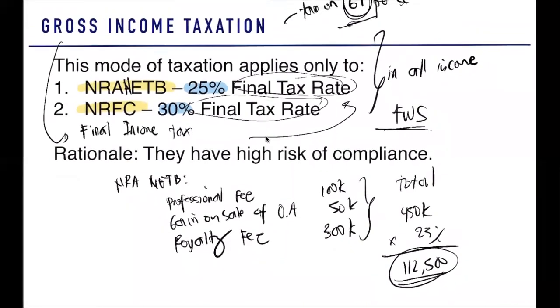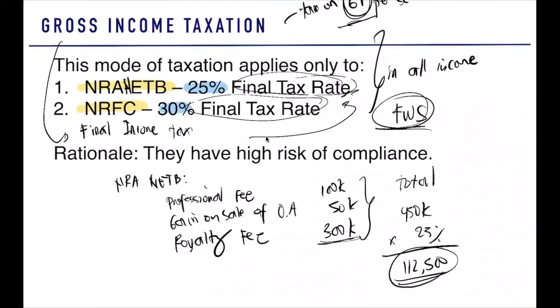Okay? So as you can see, it is taxed at gross income applying final withholding system. Who withholds again? It is the income payer. So you just apply the rates, 25% or 30%, whether the individual is NRA and ETB or NRFC.